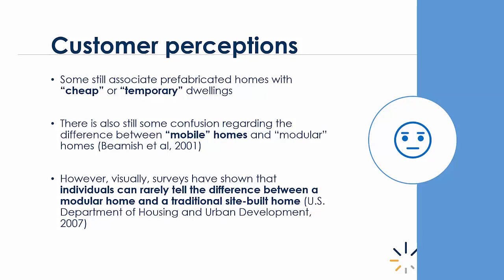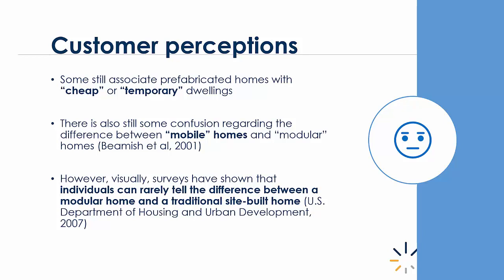However, interestingly, visually, surveys have shown that individuals can actually rarely tell the difference between a modular home or a prefabricated home and a traditional site-built home. So despite those negative associations that people have when they hear words like modular homes and prefabricated homes or prefab, it remains the case that when it comes to looking at these homes, people are unaware of the fact that some homes that are prefabricated are in fact prefabricated.